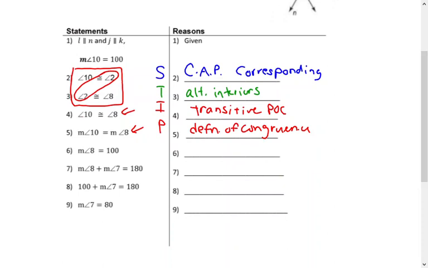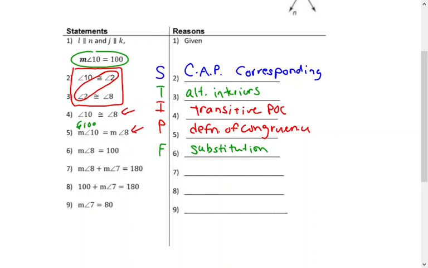Why? Because we're substituting. We're going to use one of the things we were given, which is the measure of angle 10 is 100. And now that we know that 10 and 8 are the same thing, we can substitute in 100 for the measure of angle 10, and that is how we get step 6, which is substitution. That would be F.